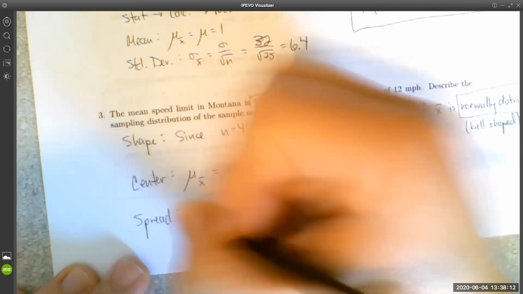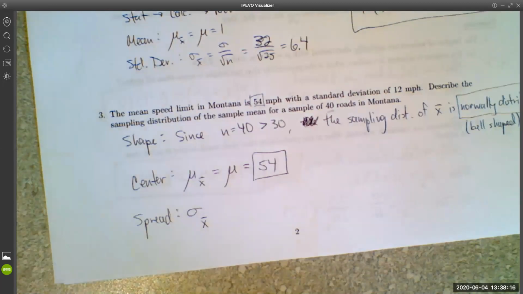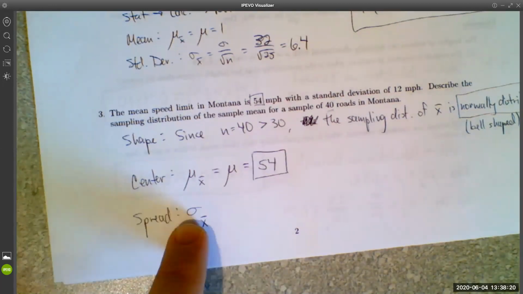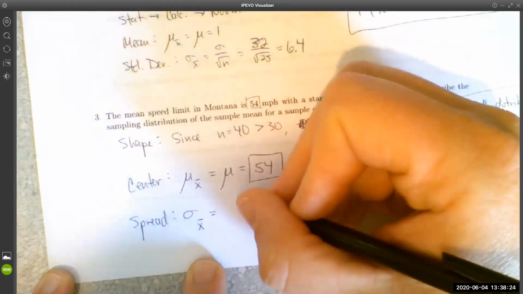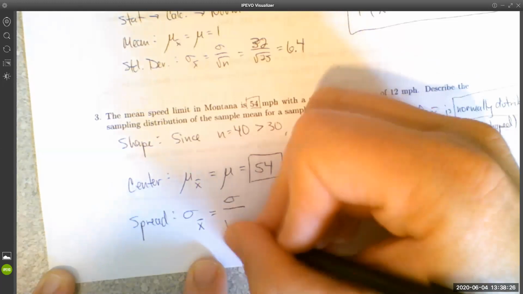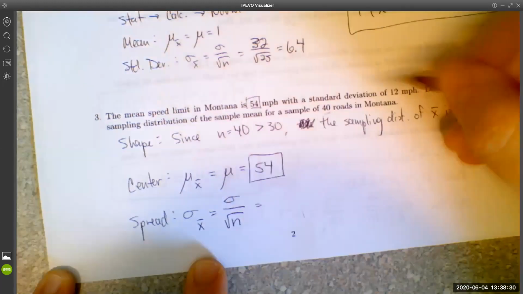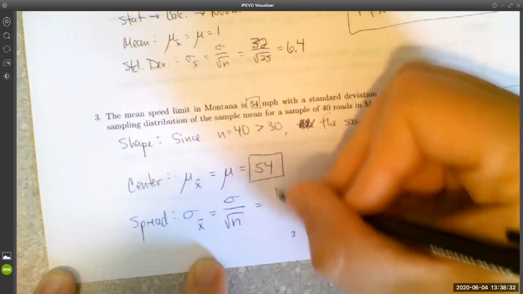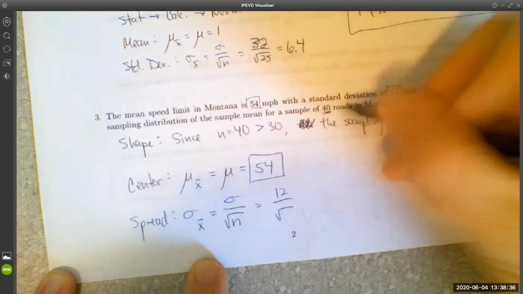And then the spread of the distribution is going to be sigma sub X bar. So you make a distribution with all of the possible values of X bar, and then you take the standard deviation of those, and that's going to be equal to the population standard deviation divided by the square root of your sample size, which in this case, we were told the standard deviation was 12, and the sample size was 40.